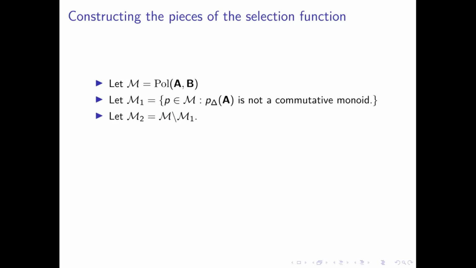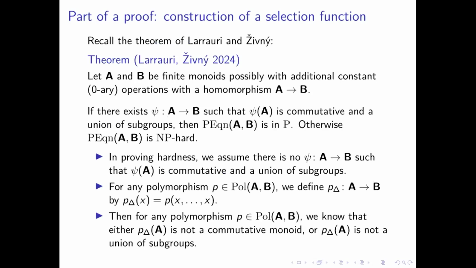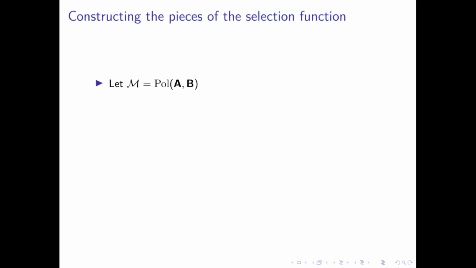In our setup, M2 is going to be the set of all P where this image P delta of A is a commutative monoid, but it's not a union of subgroups. This just comes from the criteria on the previous page, because any homomorphism is not going to satisfy that its image is both a commutative monoid and a union of subgroups.